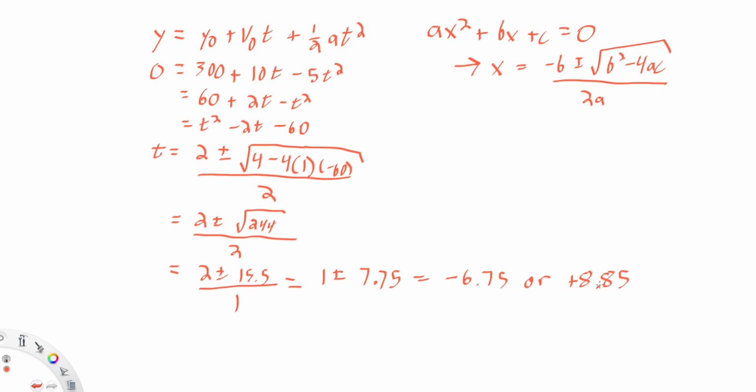All right, what does the negative answer tell us here? Because obviously we're going to take the positive number, right? The coin's going to hit the ground 8.75 seconds after we drop it from the hot air balloon. But what does the fact that we got a negative number mean?